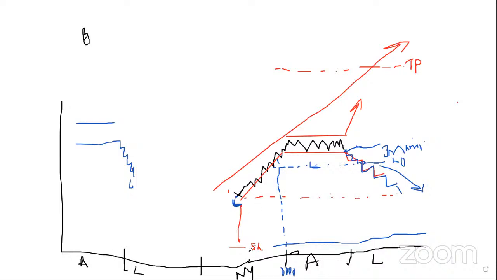I'm explaining why, entering an order at the New York session, you can hold it even long term.